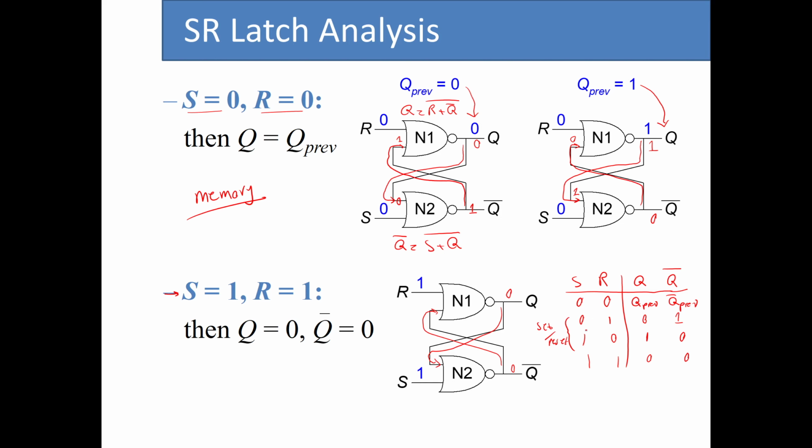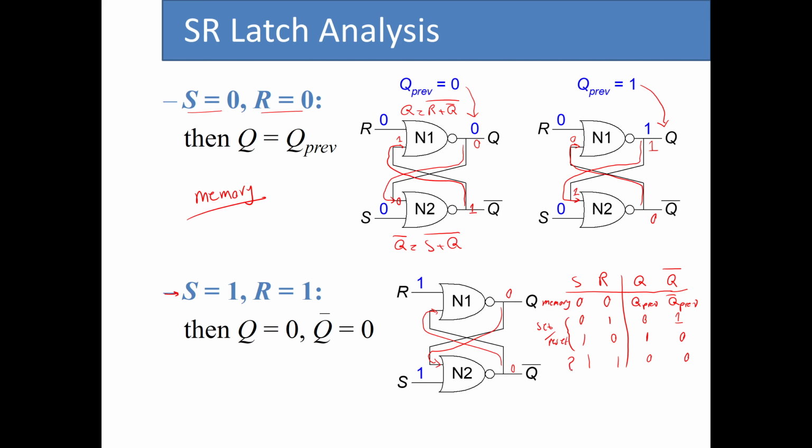If you want to store a value of 0 in Q, you put S to be 0, R to be 1. You have the functionality of memory too. So if you make S and R to be both 0, whatever value it was stored in the SR-Latch before, it remains at its previous value.